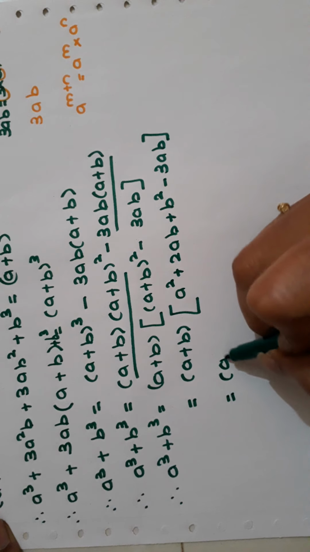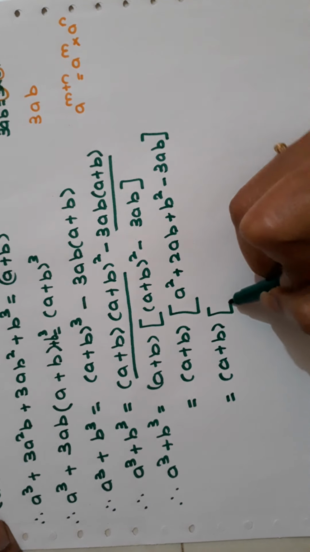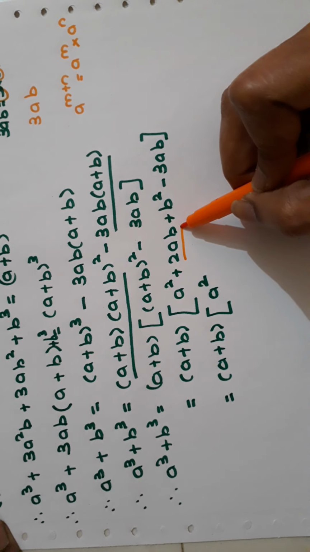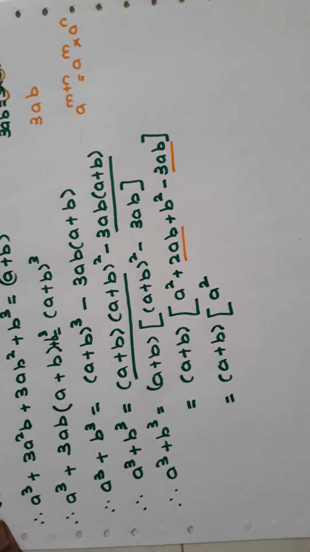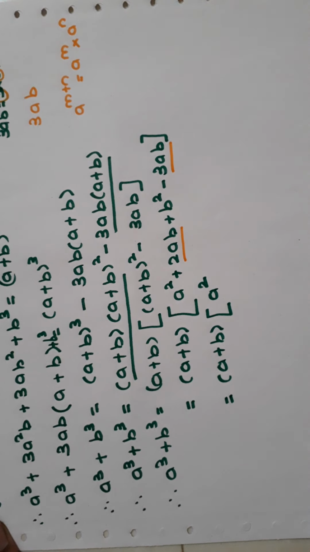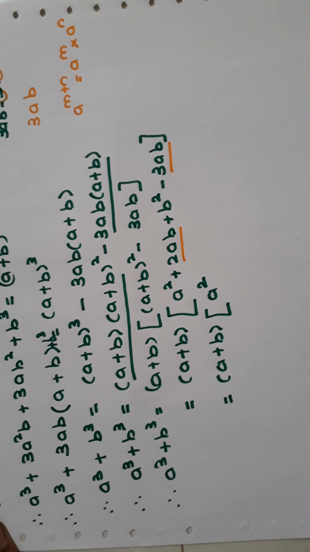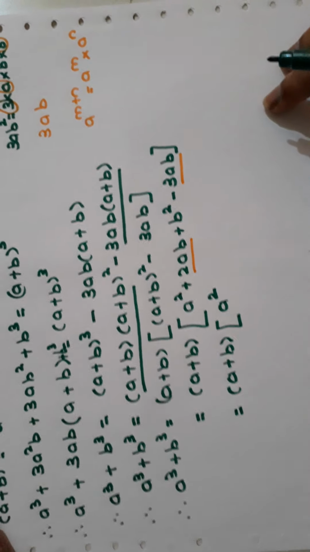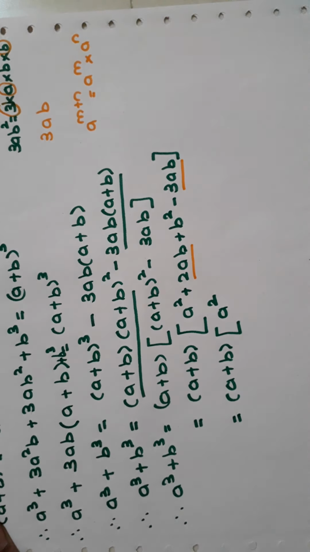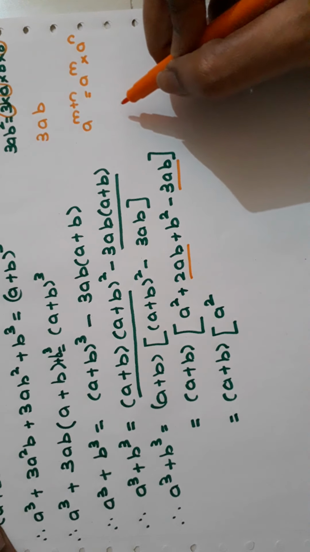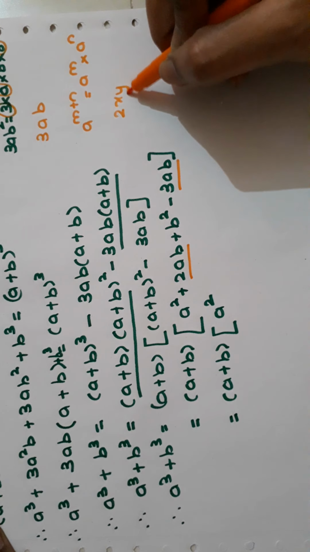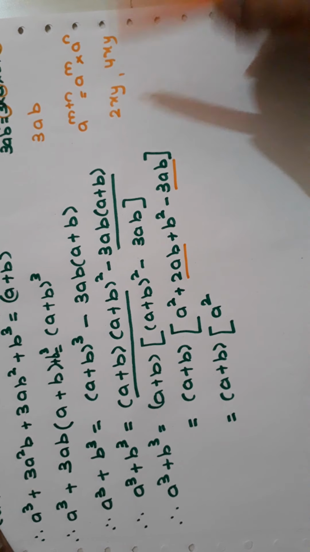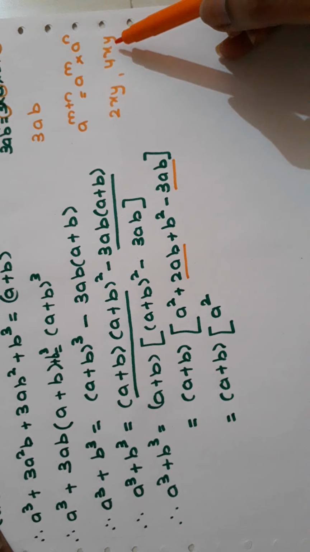This is equal to (a plus b) into a square. Now the terms 2ab and 3ab are called like terms. What are like terms? Like terms are those terms which have the same variables and the powers of the variables are also the same. For example, take the terms 2xy and 4xy.